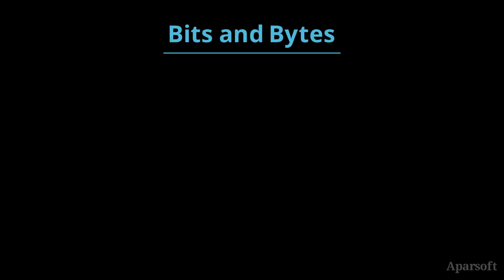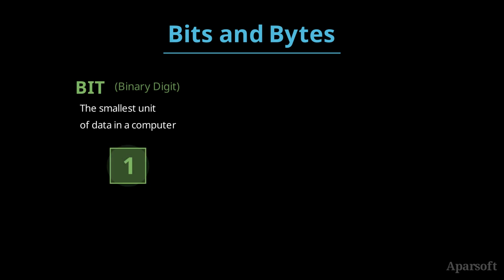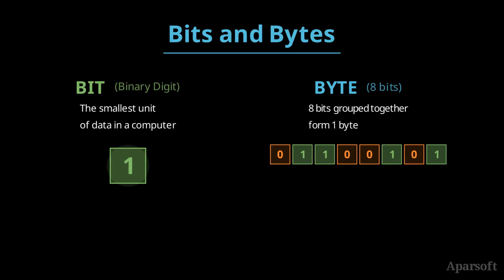Let's learn about bits and bytes. A bit is the smallest unit of data in a computer. It's a single 0 or 1. That's all a computer can understand at the most basic level. Now, when we group 8 bits together, we get a byte. Look at these 8 bits arranged together. 1 byte can represent 256 different values, from 0 to 255.